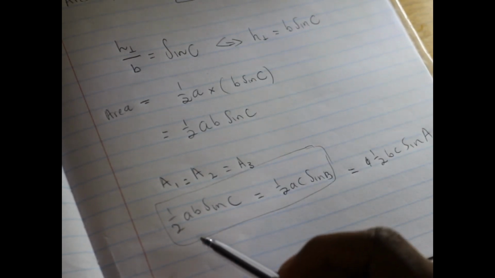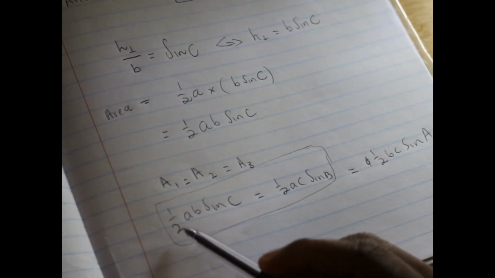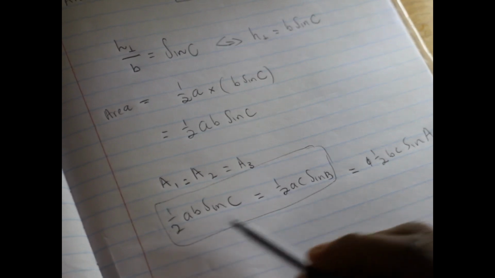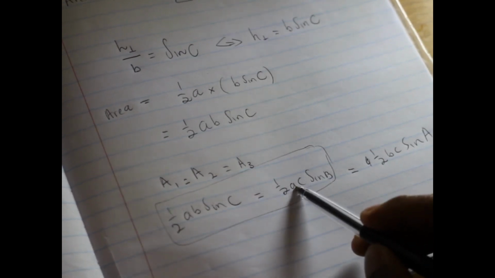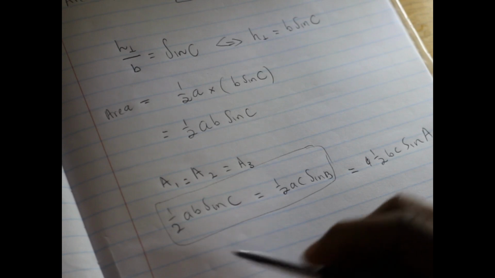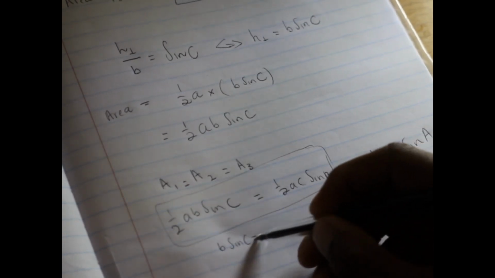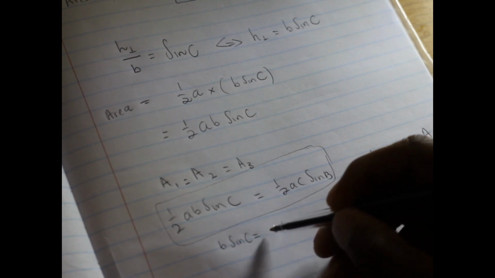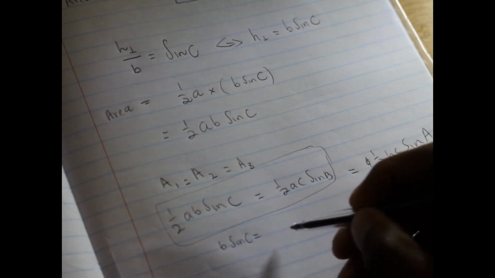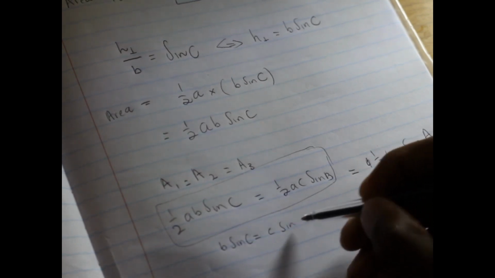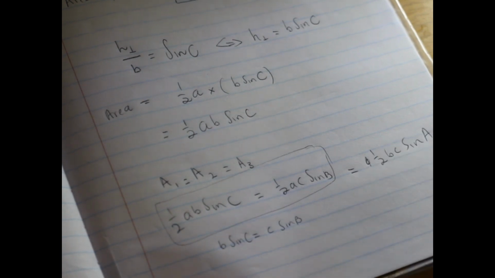So you'll see that there's 1 over 2 here, there's 1 over 2 here, also there's A here, there's A there. So when we cancel things out, we're just going to be left with B sin C is equal to C sin B. You understand?